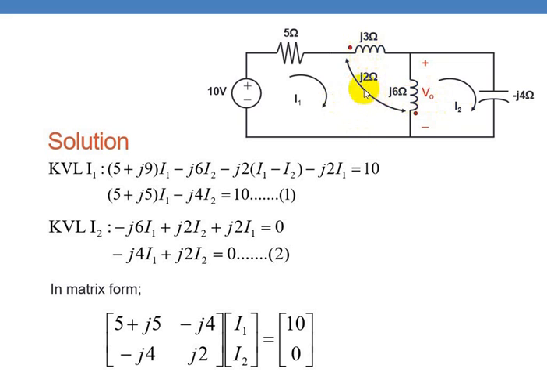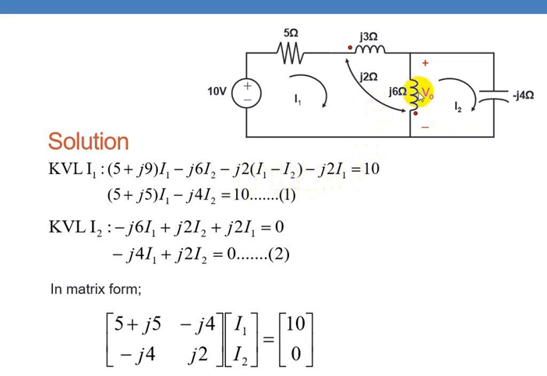So J2 into I1 minus I2. Then you find out the signs. This I1 is entering the dotted terminal, whereas here I1 is leaving from the dotted terminal. So in one terminal it's entering, in another terminal it is leaving. Therefore you have to write here minus J2 into I1 minus I2.